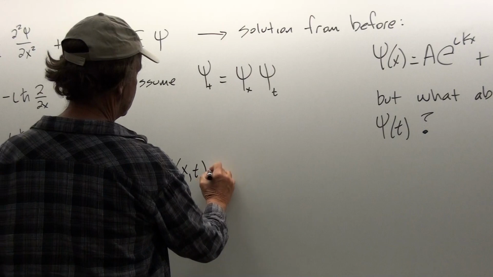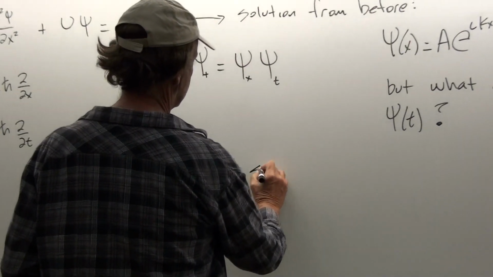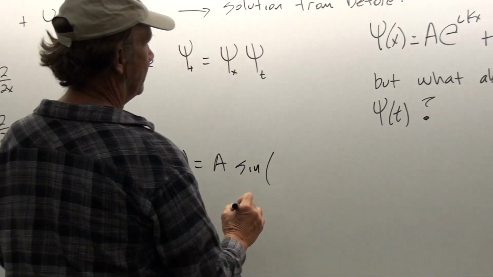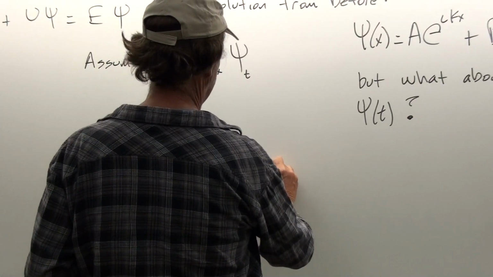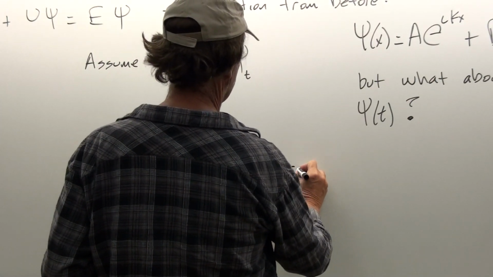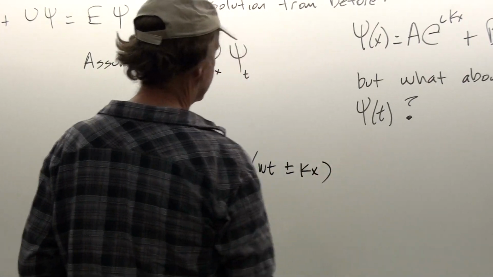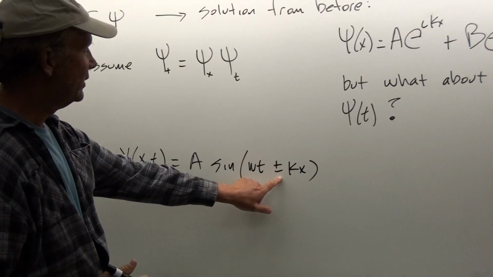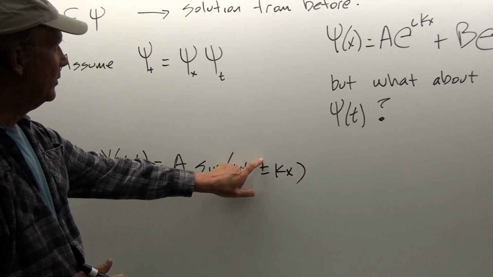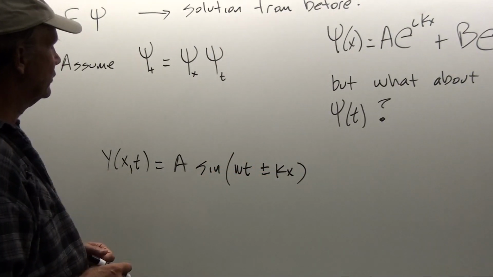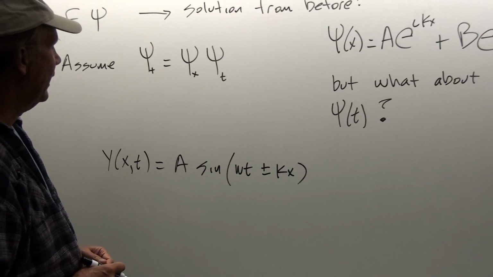of x and t equals A times the sine of omega t plus or minus kx, where the minus sign would indicate motion to the right, and the plus sign would indicate motion of the traveling wave to the left.